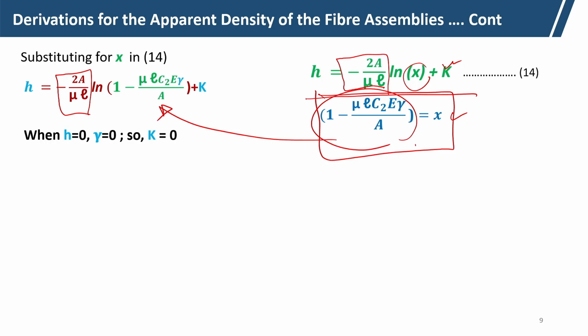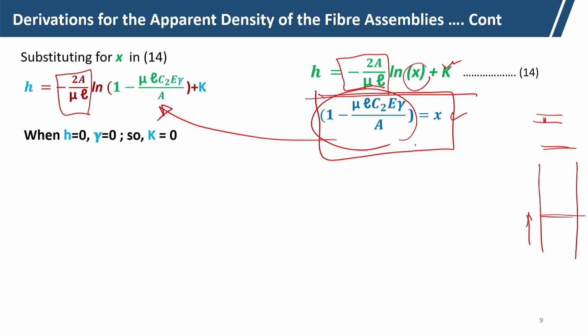That is when it is very compact. So, if h is 0, there is no fiber, so density will be 0.